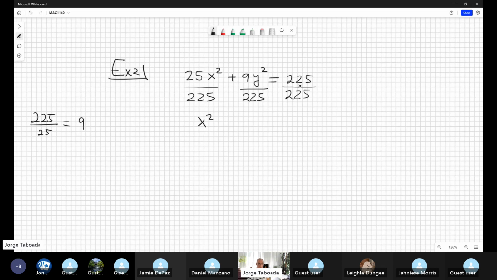So far it's x squared over 9 plus 225 divided by 9 is 25. This is y squared over 25 is equal to 225 divided by 225, which is 1. So the one is ready. This is now in standard form.